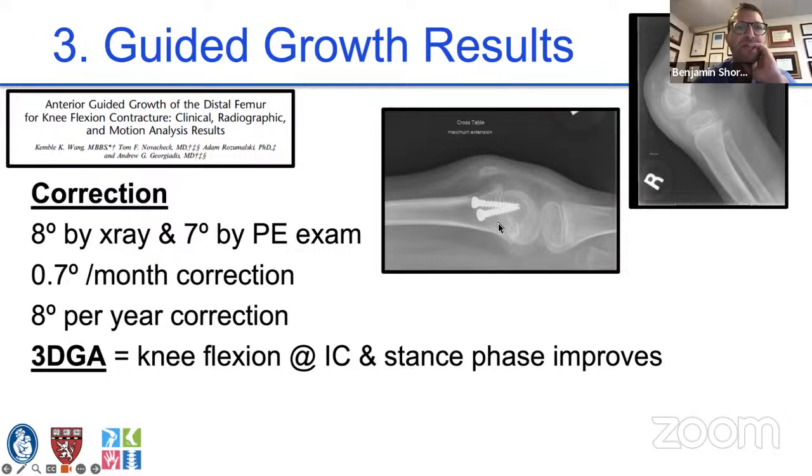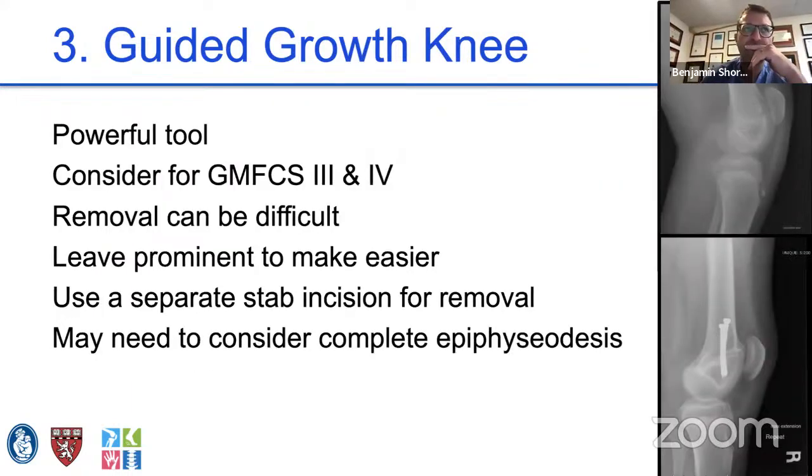And so sometimes you have to replace your screws because they've stopped completely working. The greatest amount of correction is seen in the first year of growth, and I think the reason for that is that because of the circumferential growth, after the first year the screws tend to migrate a little bit posterior. But it's a really powerful tool.